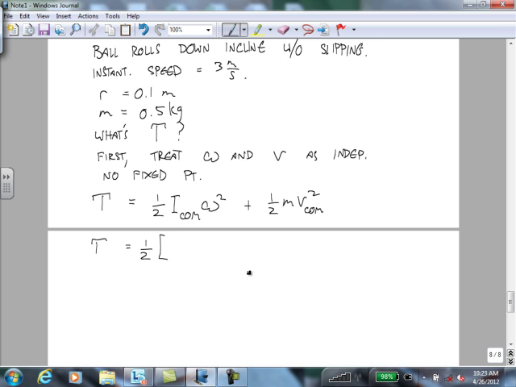So you get 1/2 times, this formula is 2/5 times 0.5, the mass, times the radius squared, times omega squared. And then plus, this term is 1/2 times 0.5. And we know that the speed is 3 meters per second. Okay.